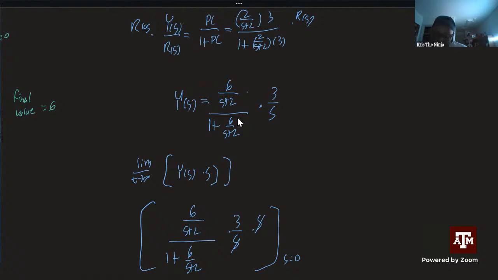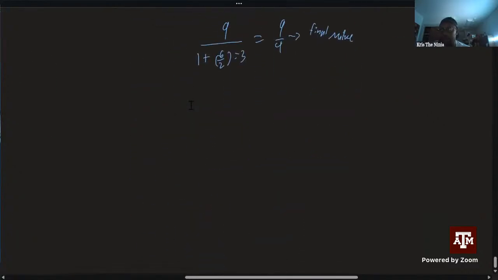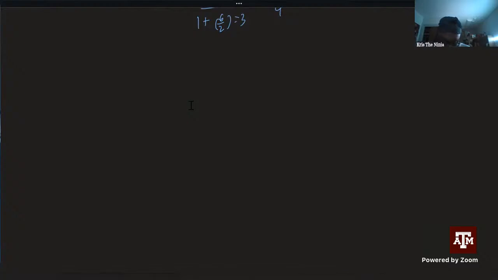However, there is an error associated with this. The error is offset by 3. So now we find the steady state error. At steady state, we know we're at 3 reference, where output is at 9 over 4, and this is the error.